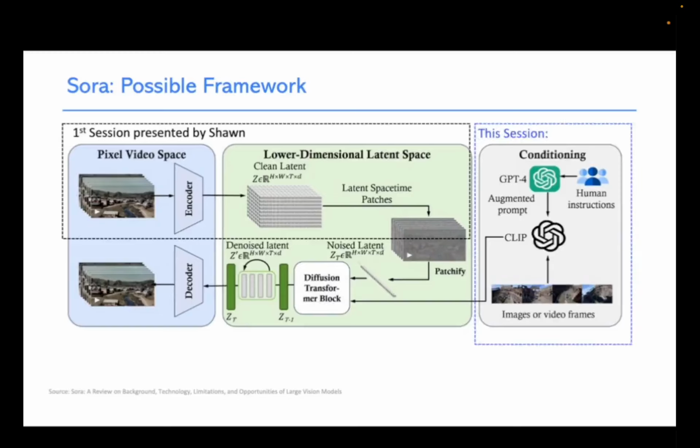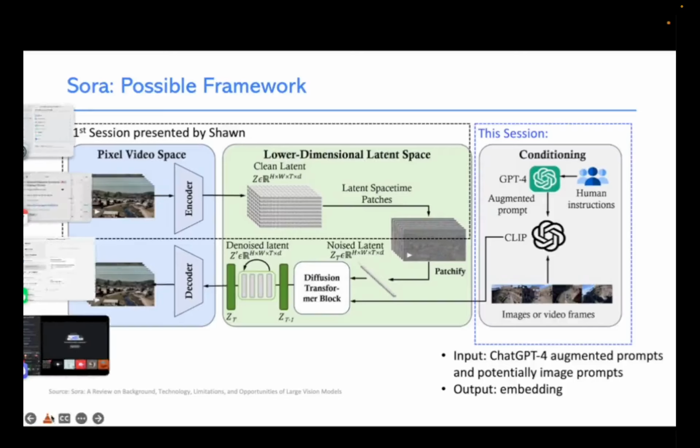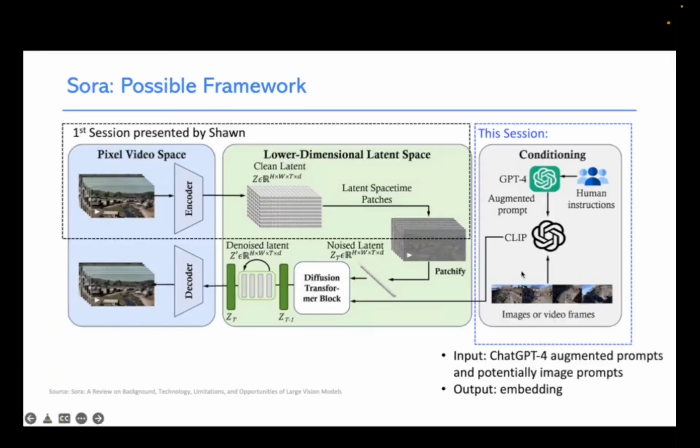The conditioning works by inputting the ChatGPT augmented prompts and potentially the image prompts, which will go through the CLIP-like model to create the embeddings, which will be used to guide the later video generation process.